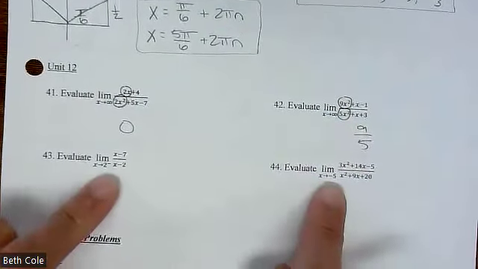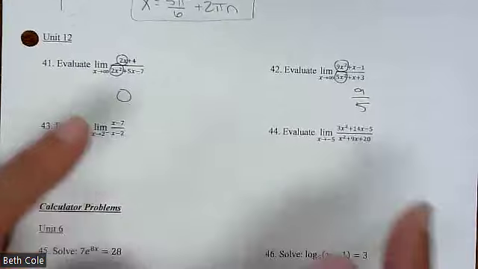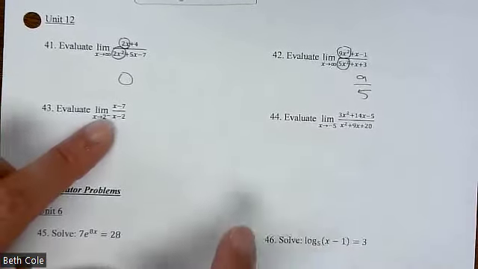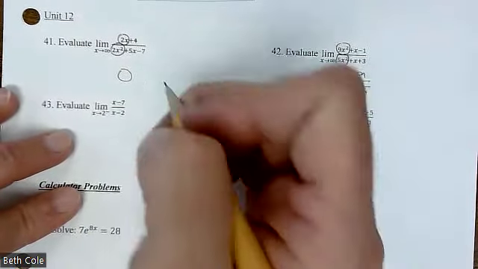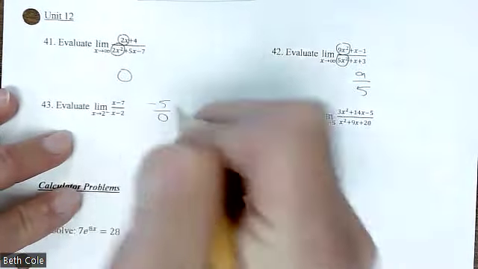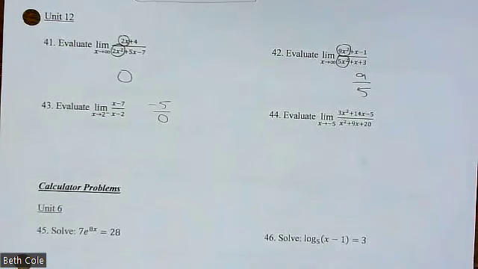Now these, you're not approaching infinity, you're approaching an actual number. So you want to try and plug that number in. If you plug in 2 to this, you're going to get -5 over 0. So what does that mean is in the graph? Perfect. So your next question is, is it from one side or the other? Is it sided? Yes. So it's either up or down. You got a 50-50 shot at this point.